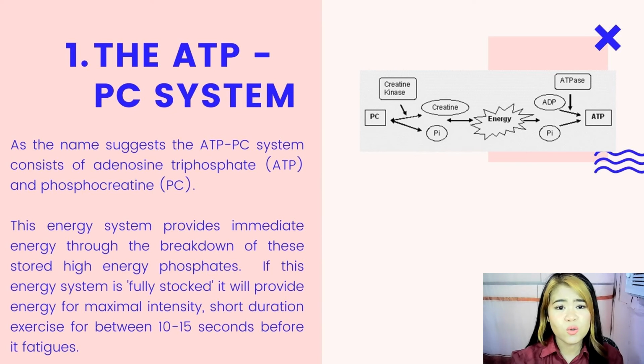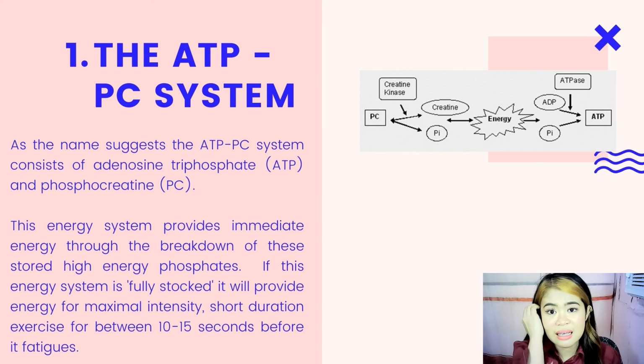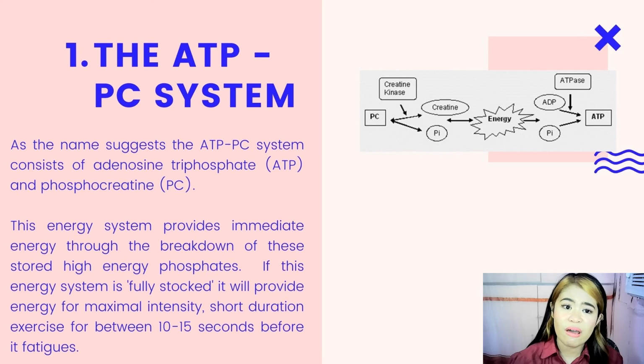It provides you with the most power because it produces ATP more quickly than any other system, and because of this it fuels all very high intensity activity. Its downfall, however, is that it burns out very quickly.